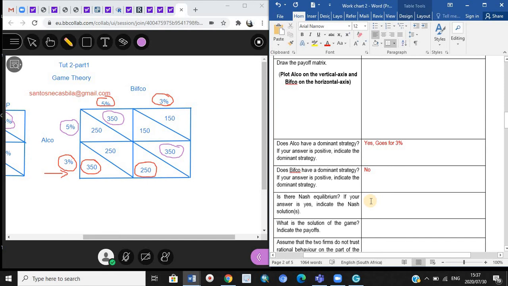So the third question says, is there a Nash equilibrium? If your answer is yes, indicate the Nash solutions. Yes, there is.